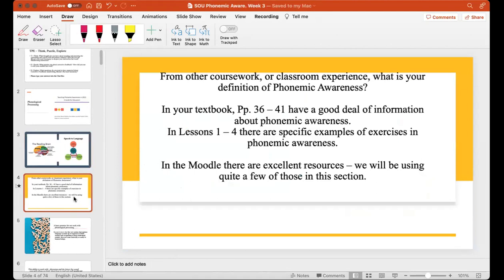So we're focusing this week, because we focused for the last 2 weeks on letters and sounds, on phonemic awareness. In your textbook on pages 36 to 34, there's a lot of information that describes this. Also in lessons 1 through 4, there are exercises.